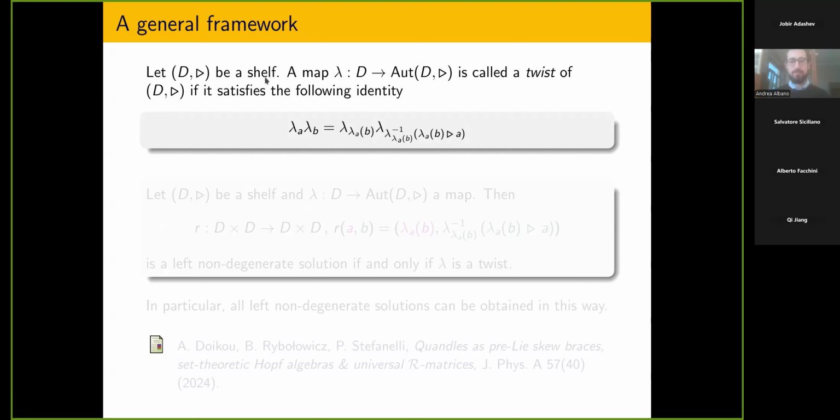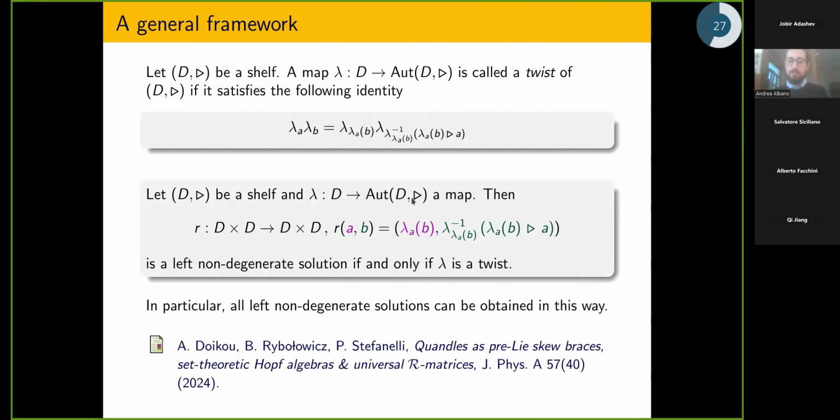So generally, given a shelf D, with the triangle operation, we say that a map lambda from D to the automorphism group of the triangle is a twist if it satisfies the equation that you see on screen. It is quite a complex equation, but of course, that's a twist.